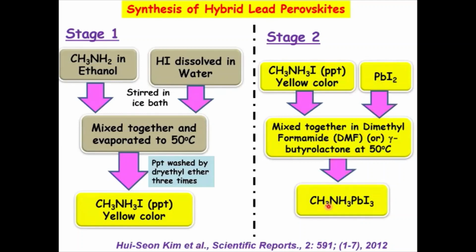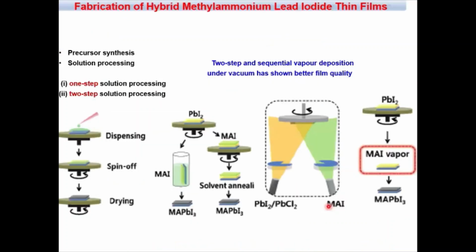We also made a similar process, everything in a glove box. We did use one-step as well as two-step solution processing, but in addition to that, we have tried a single-step vapor process also, by using two different sources and a single substrate, evaporating methyl ammonium iodide and lead iodide onto different substrates.